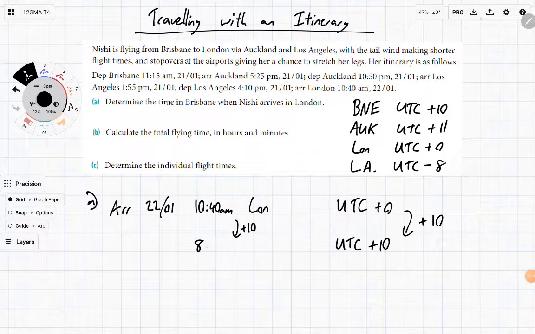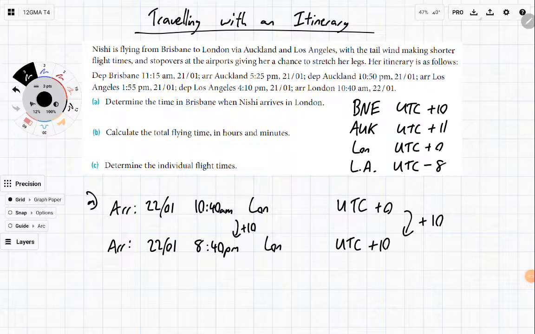Either way, you're going to end up with 8:40 p.m. still on the same day. Alrighty. So we have converted from there to there. So the time in Brisbane will be 8:40 p.m. on the 22nd of January.